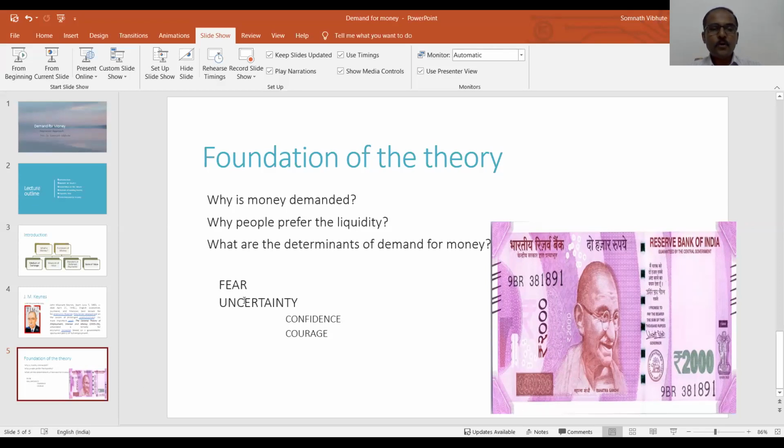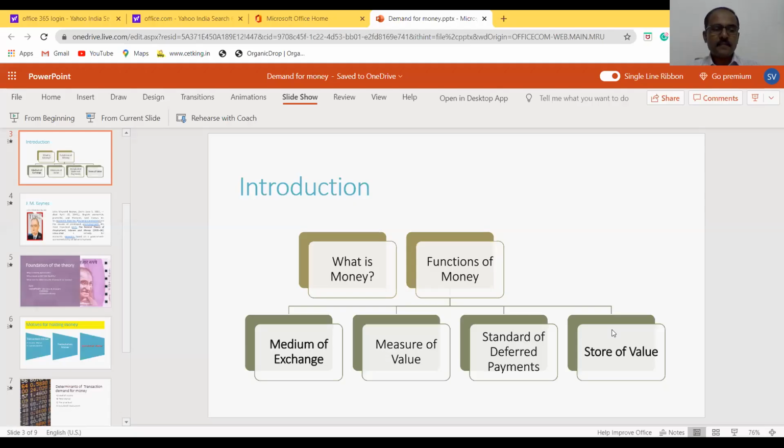So moving forward, we need to understand that the demand for money is basically with some motives, with some purposes, and therefore those needs, those motives, those purposes we will be understanding in a very clear cut manner.